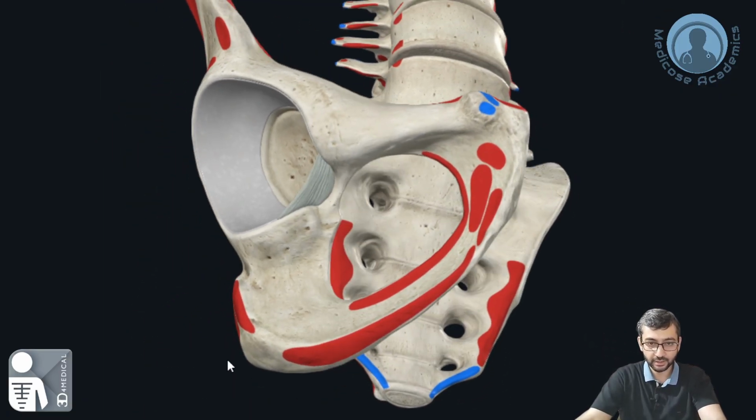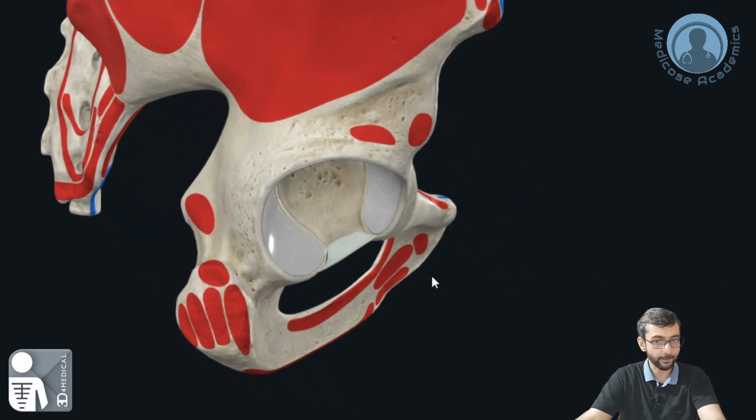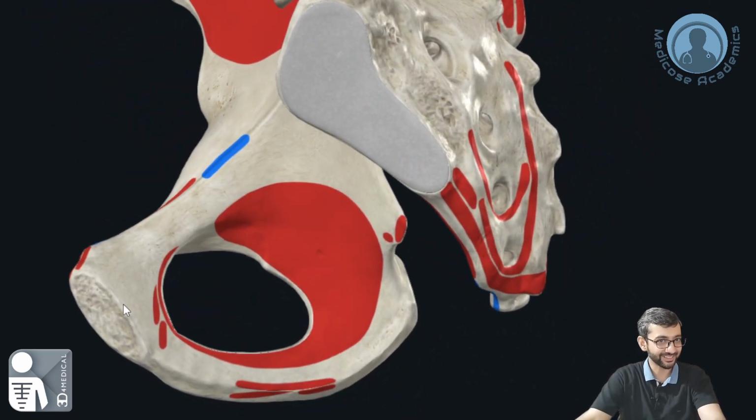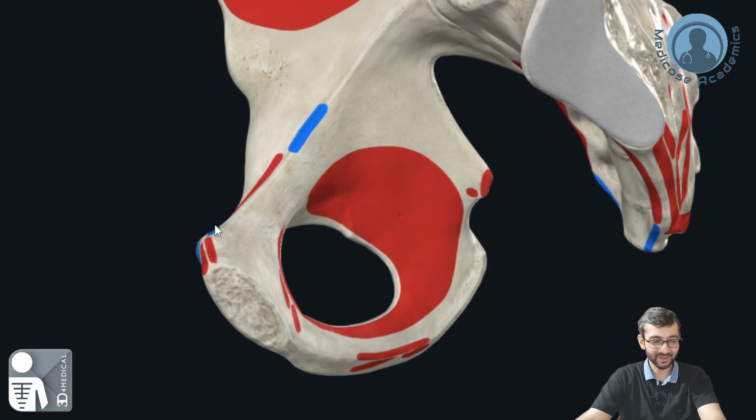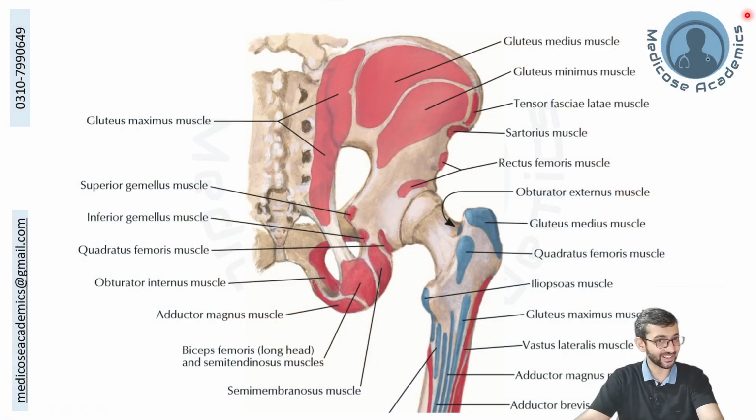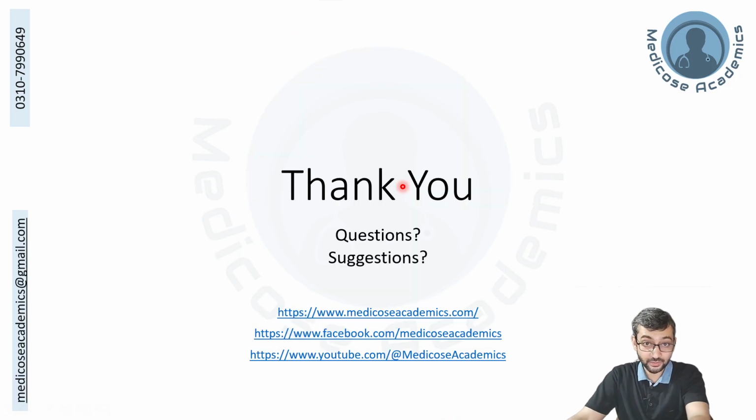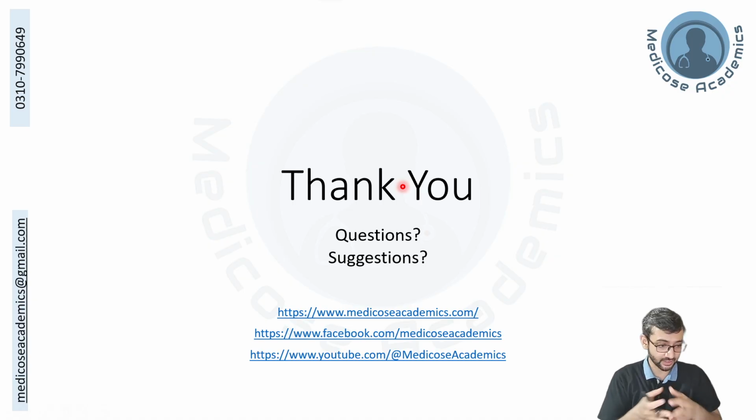So that is the transverse acetabular ligament. So that's it. That's all about the attachments of the ischium, the muscular attachment, and the ligamentous attachments. So thank you so much for listening, and with this we officially conclude the hip bone with all its bone features and the attachments, the muscular ones and otherwise.